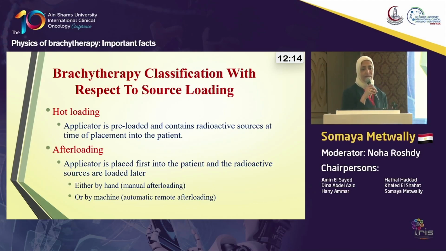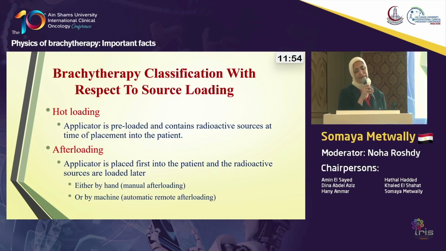Brachytherapy classification with respect to source loading, meaning how we load the source into the patient. We have hot loading, which means the applicator is preloaded: we have the applicator in hand, put the sources in it, then insert it into the patient.